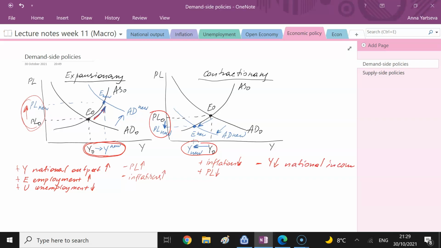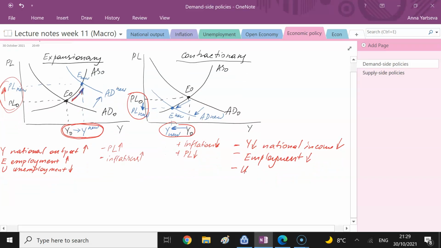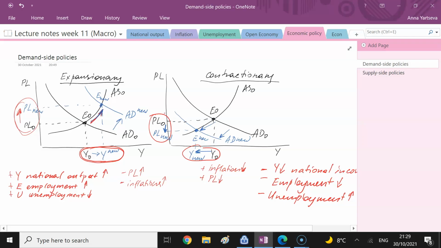This will also lead to a reduction in employment level because as we produce less now, we don't need as many workers as before. Many companies will need to cut down their production and therefore make some of their staff redundant. People lose their jobs, and as a result, the unemployment level will increase. In other words, again, we achieve some of the objectives, lower inflation, but at the price of higher unemployment.